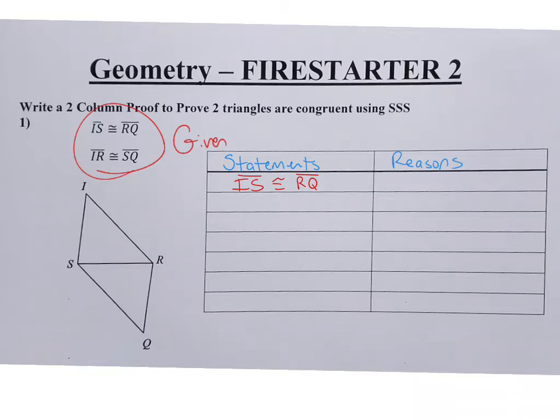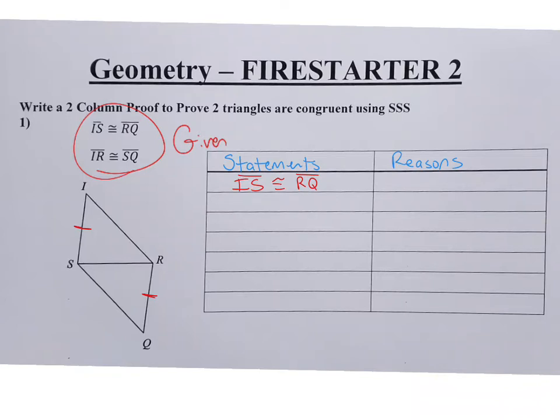You can, if you want, add the dash on IS and RQ. If the red dash was written by me or was presented in the original problem, that is also a given statement, where otherwise you would have to write it out yourself.